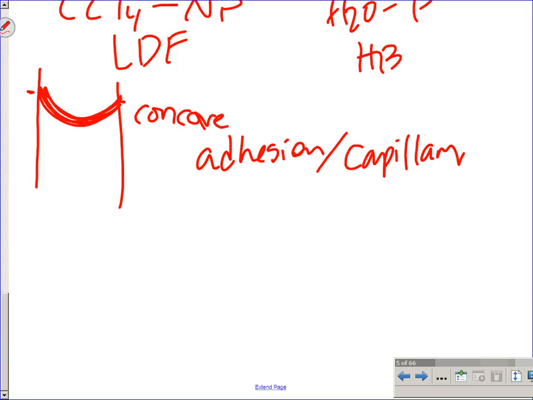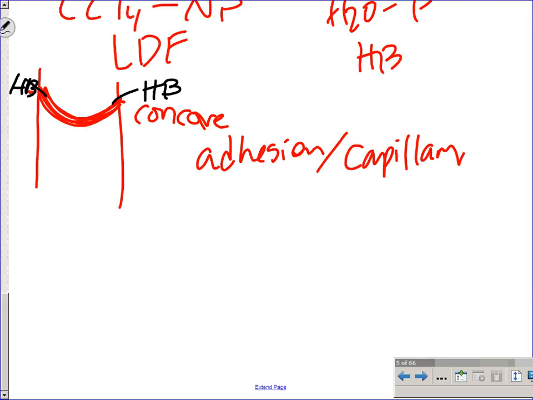Hydrogen bonding. Good job, guys. Okay. So this is probably hydrogen bonding, and it's causing it to become attracted to glass because of its polarity. And glass actually has some sort of silicates in it and some other impurities. And so the ions that are inherently in glass, a silicate for that example, pull the water up.